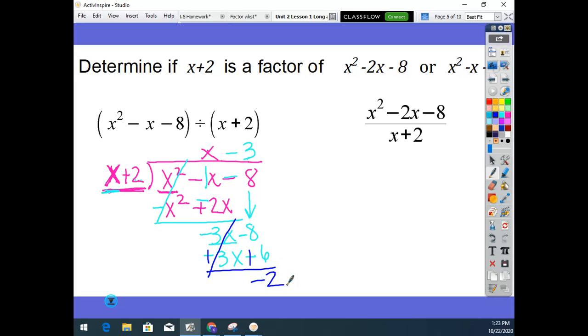So this has a remainder. We've gotten to the end of the polynomial. The remainder is -2. We call this the quotient, the answer when you divide. So my quotient is x minus 3. My remainder is -2. All right.